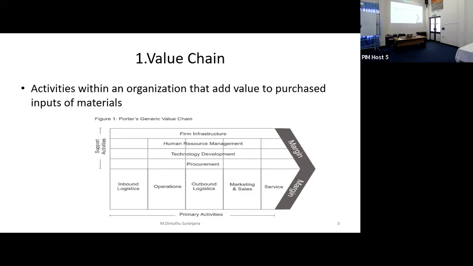Primary activities are those directly concerned with production and marketing of a product.